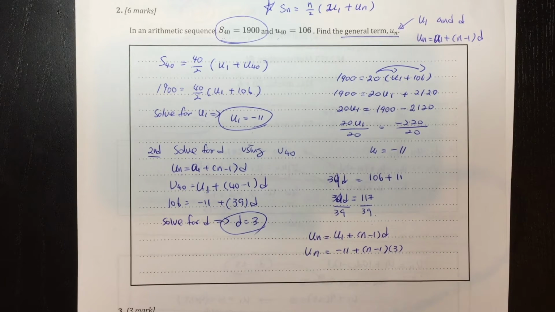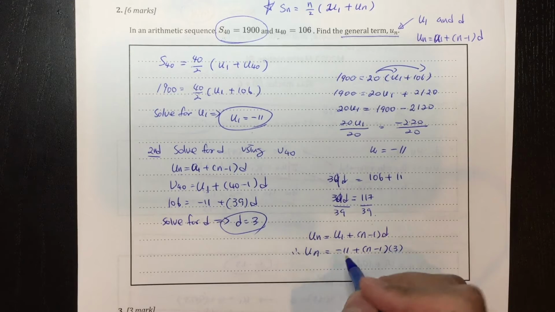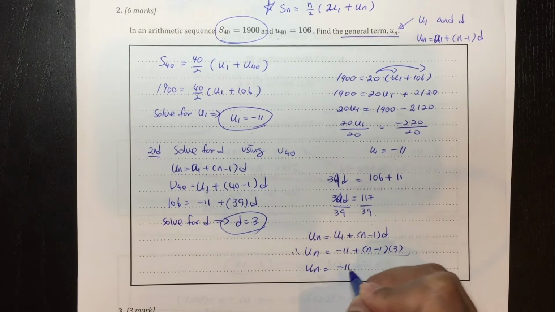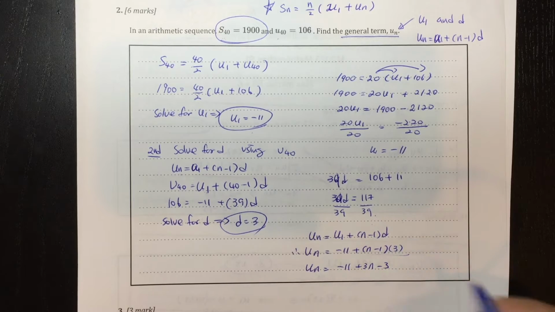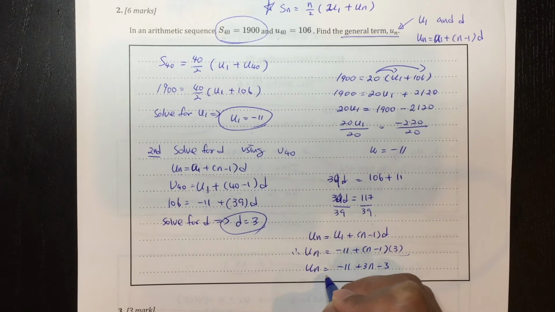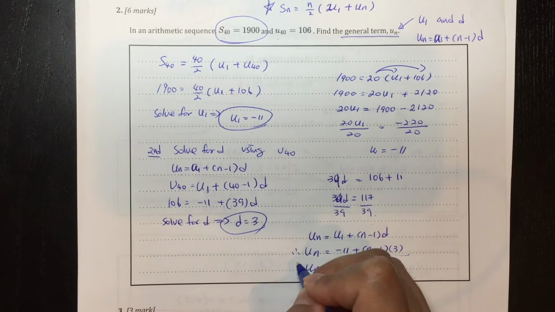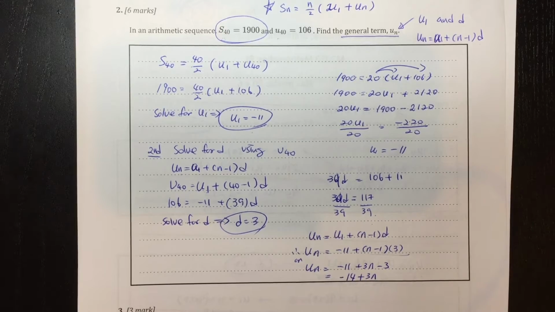Then we can either leave our generic term like this, or we can also expand this part and have it as Un equals negative 14 plus 3n.